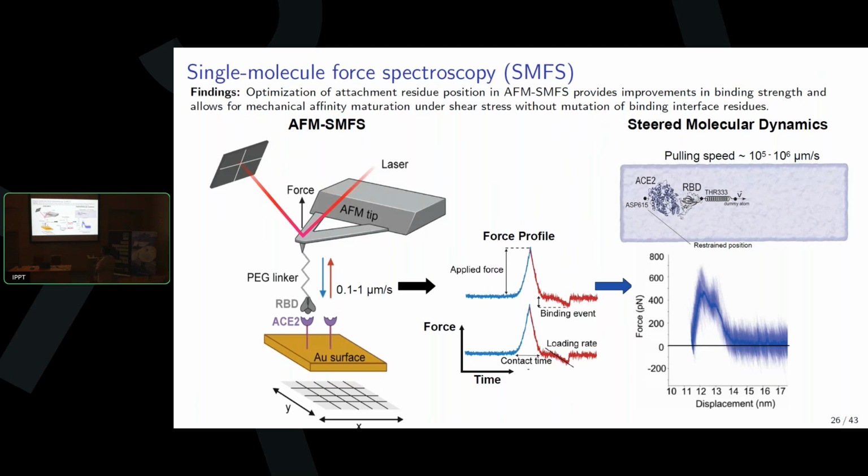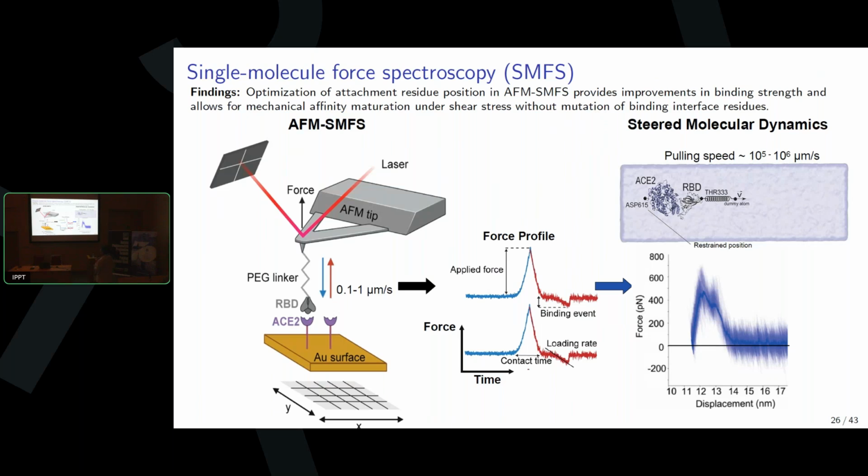You will have to repeat it several times just to get an average profile that looks pretty noisy like this one, right? With forces that change by 200 piconewtons or even more. So the certainty that you gain from seeing the average profile will be limited. And if you want to try another variant, it will be computationally very expensive, right?